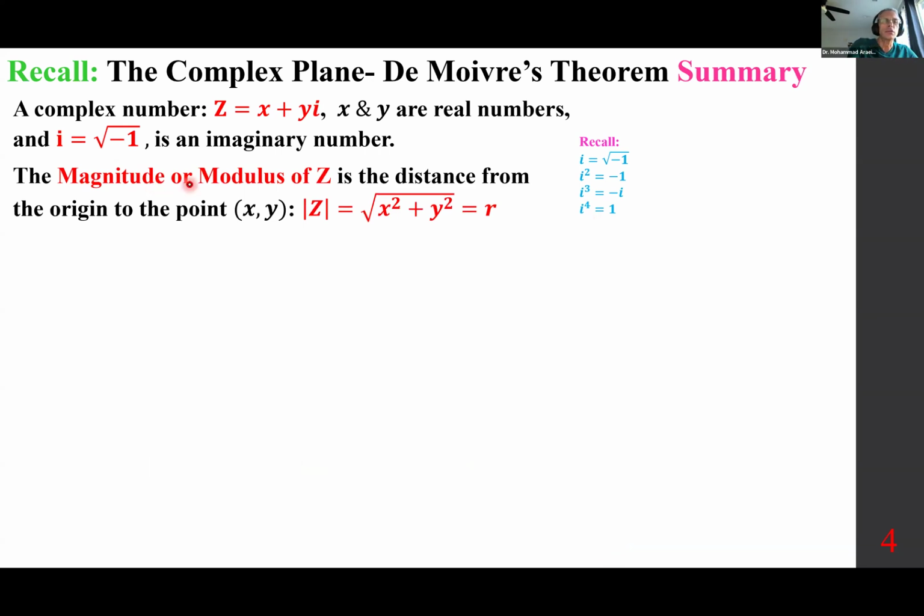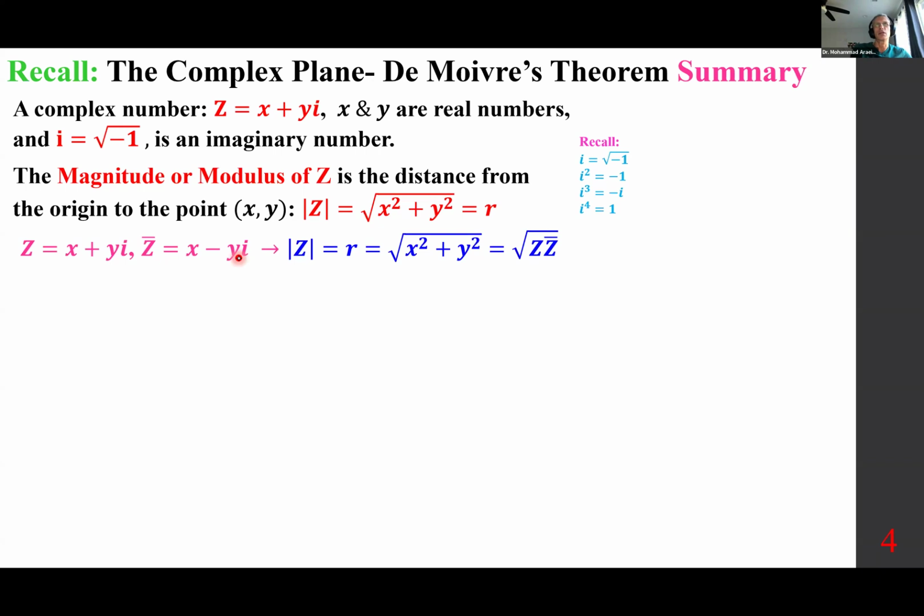The magnitude, also called the modulus of z, is the distance from the origin to the point x comma y. We write it like an absolute value, and it is equal to r, or the square root of x squared plus y squared. z is x plus yi, that is a plus bi in essence. Its complex conjugate is x minus yi.